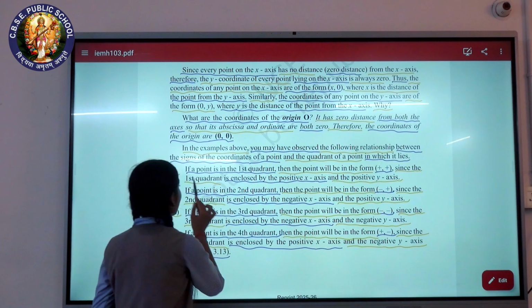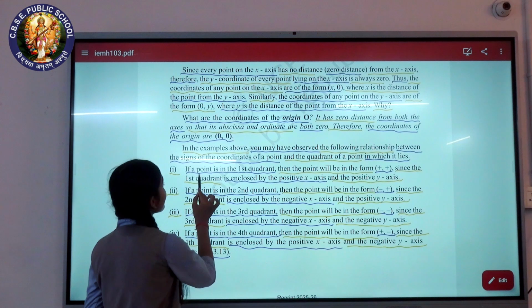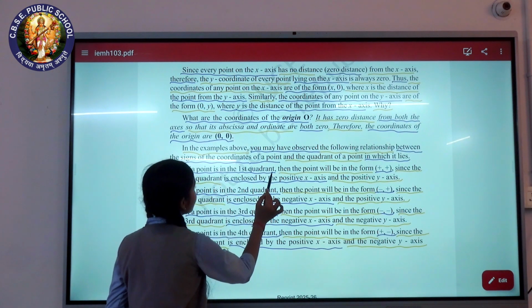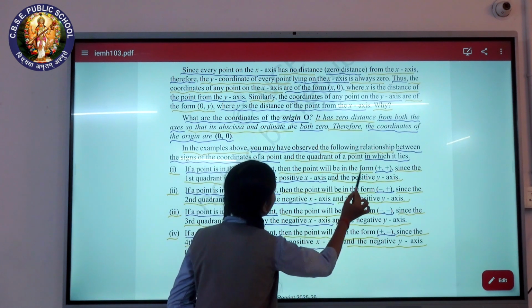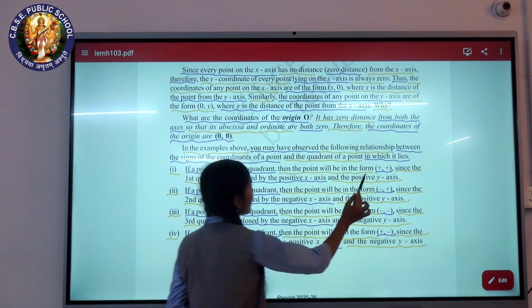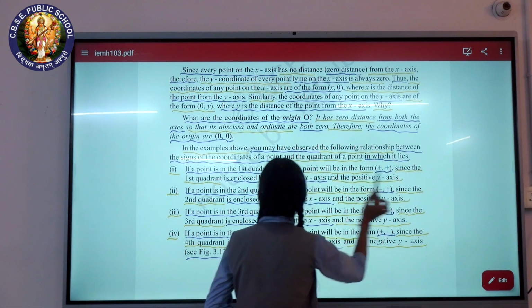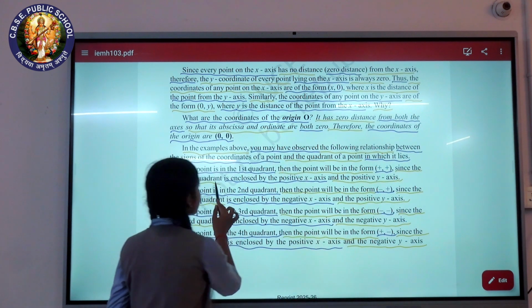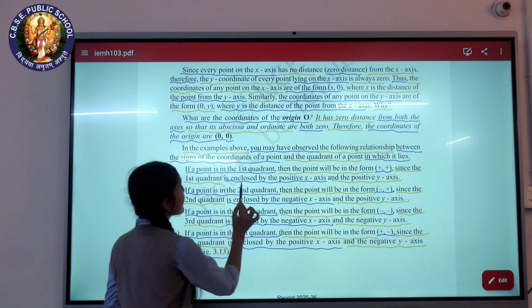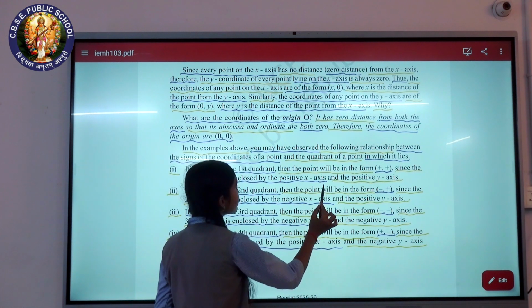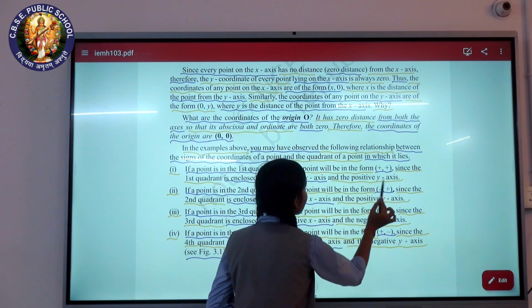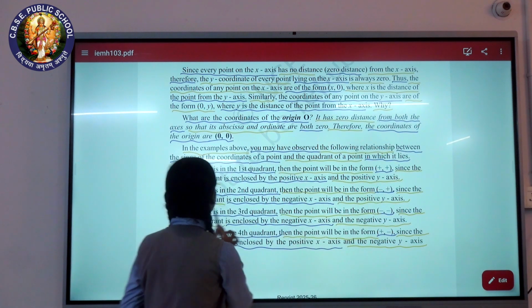First, if a point is in the first quadrant, then the point will be in the form (+, +), since the first quadrant is enclosed by the positive x-axis and the positive y-axis.